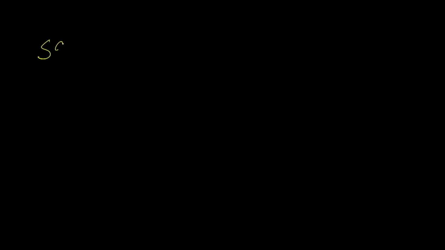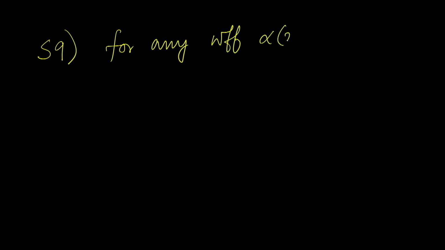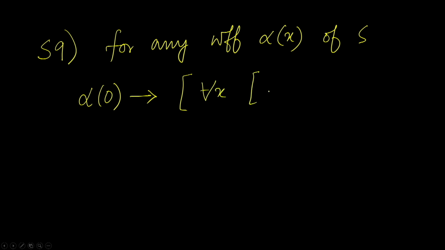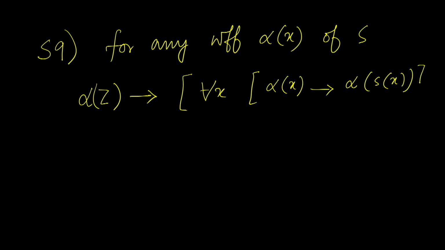And the final axiom S9 is in fact an axiom schema. It says that for any well-formed formula alpha with one free variable x, alpha of z implies that for all x, alpha of x implies alpha of successor of x implies for all x alpha of x.